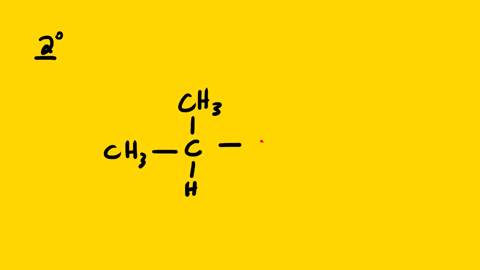Secondary alcohols, we check the carbonyl carbon. If it is bonded to two other carbons, then it is a secondary alcohol. In this case, the carbonyl carbon is this one. So you can see it is bonded to two other carbons, therefore it belongs to the secondary alcohols.